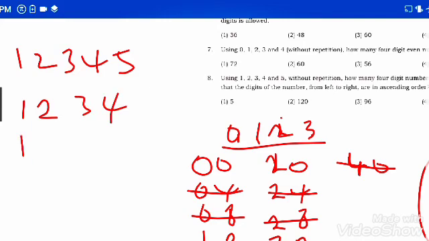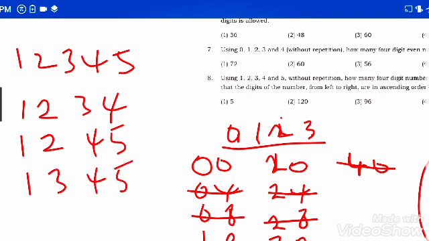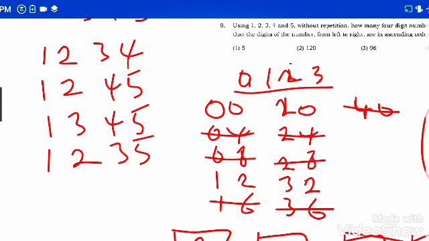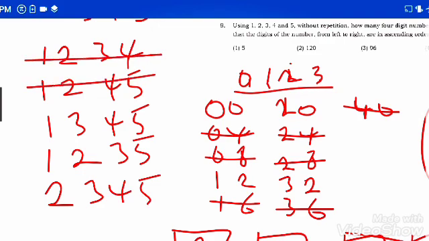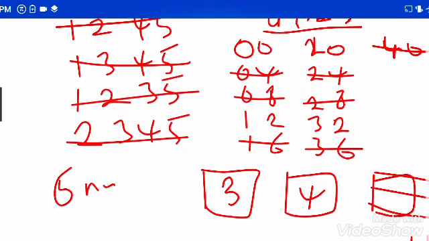We can have 1234, 1245, 1345, 1235, and 2345. So how many numbers? We have 5 numbers.